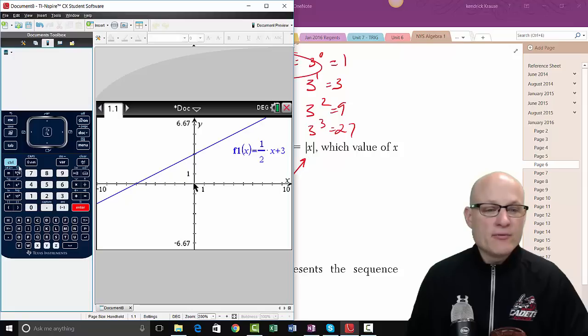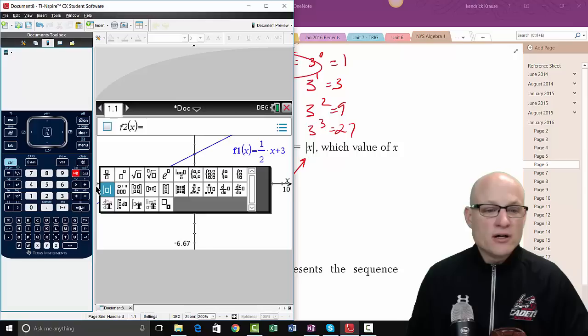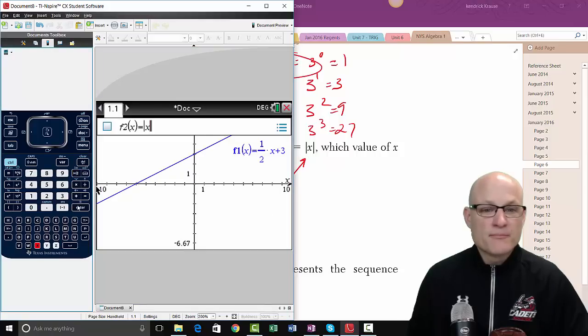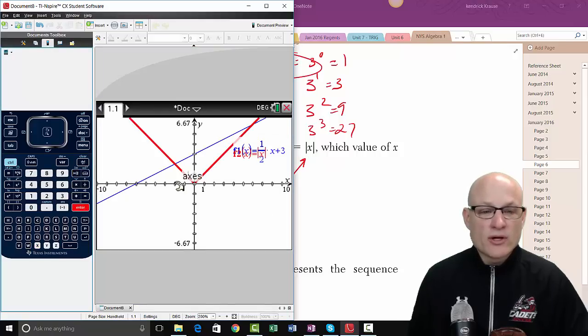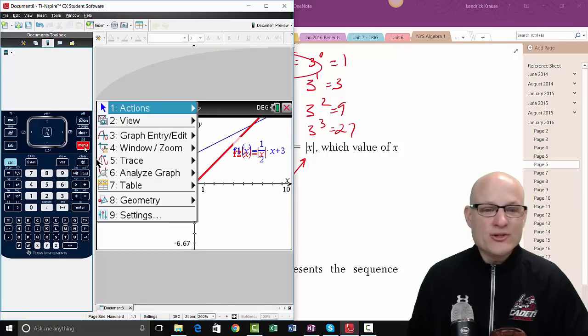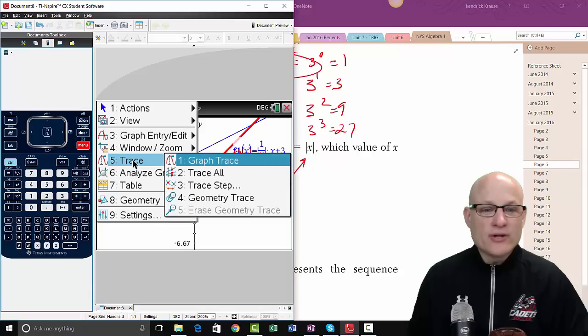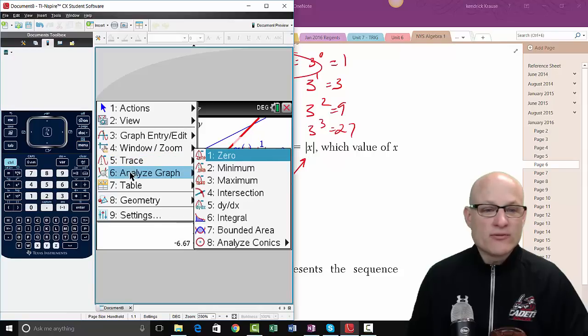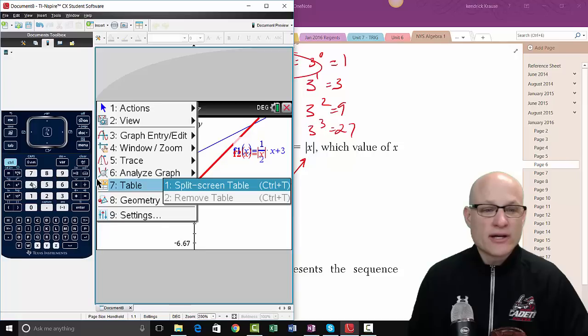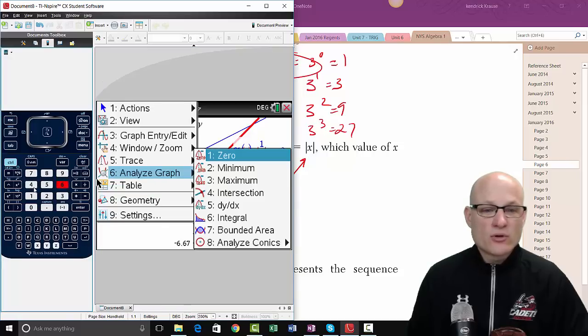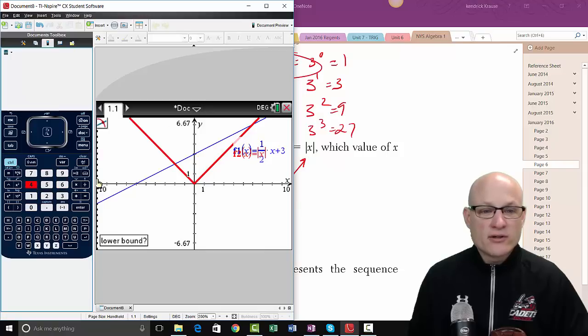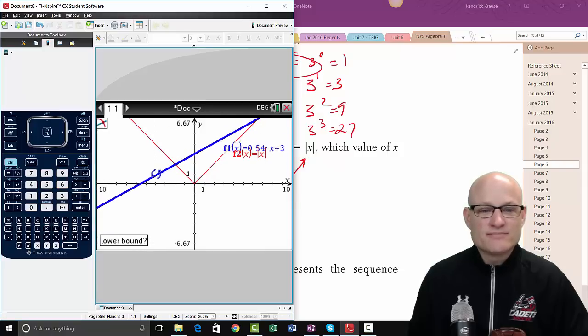And then we had the tab, the absolute value of x. Bam. So when do they equal each other? Well, I go into menu, analyze graph, and 4 intersection. So let me go into analyze graph 6, escape, 6, 4. It's easier that way.